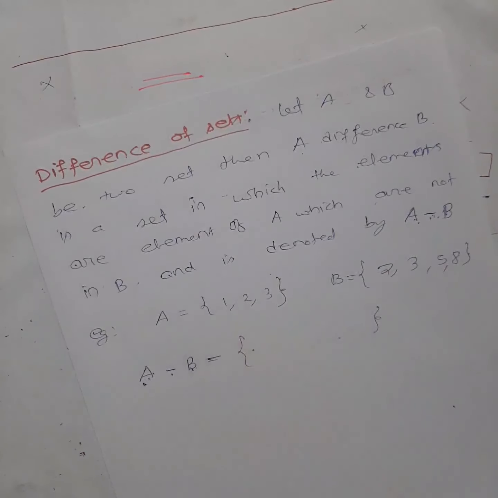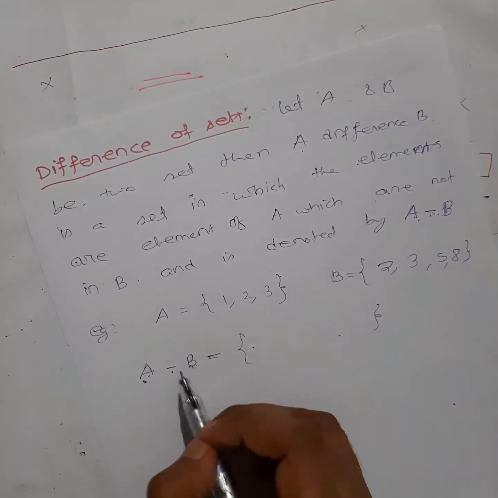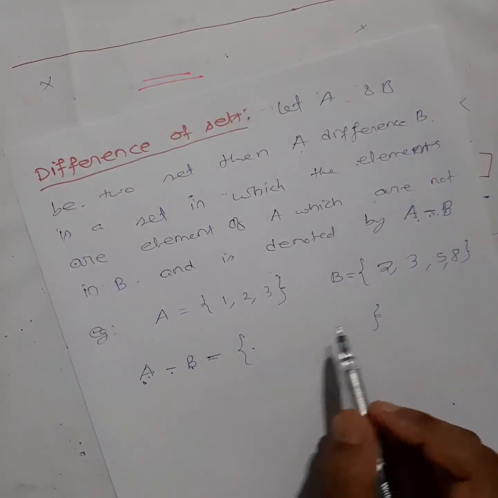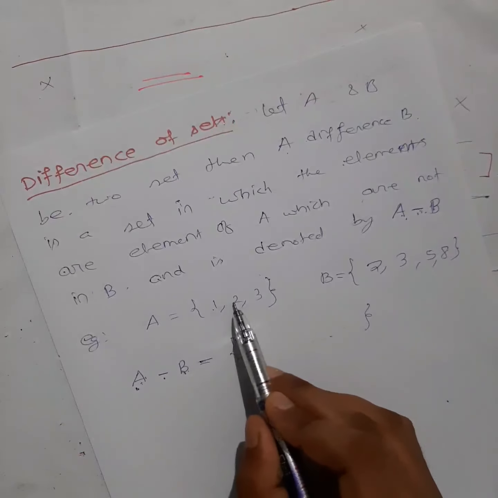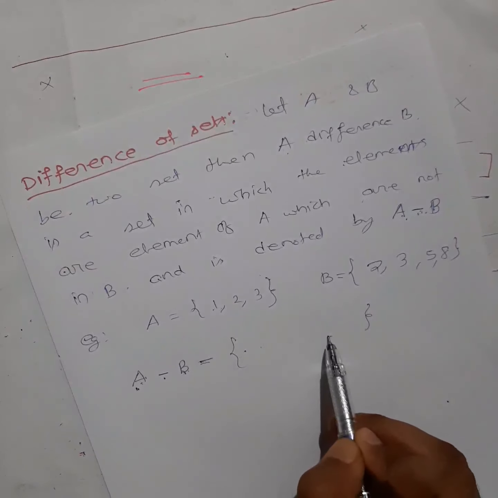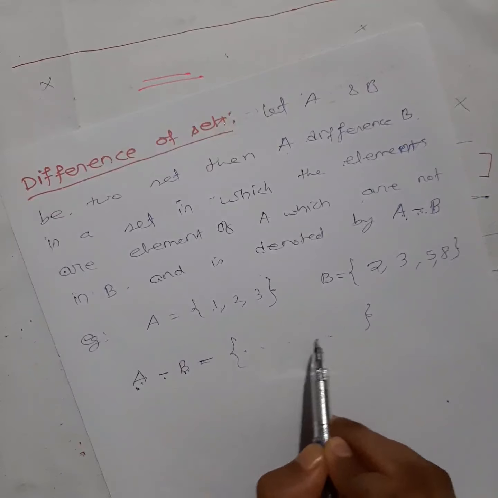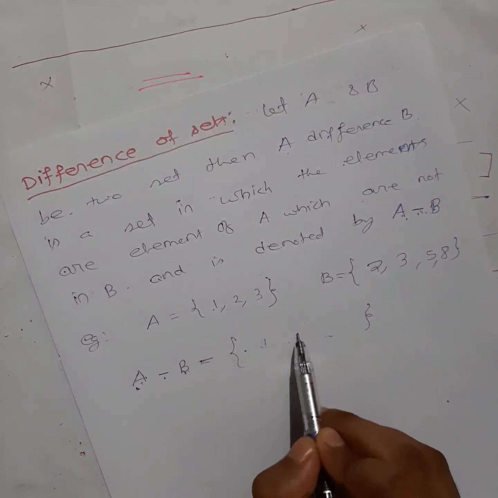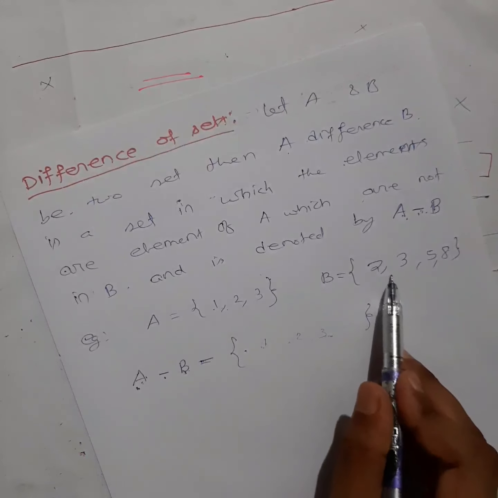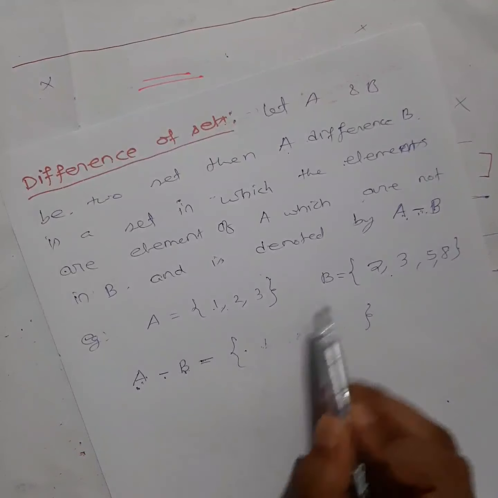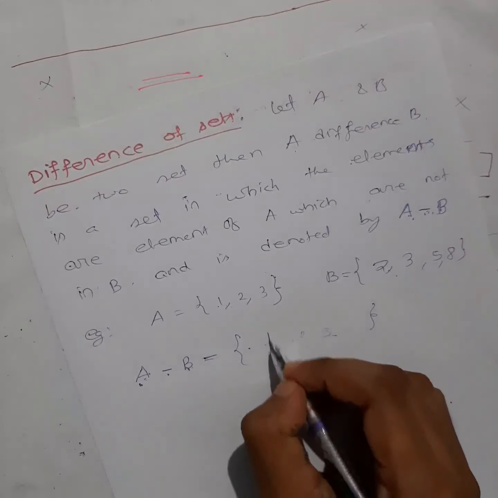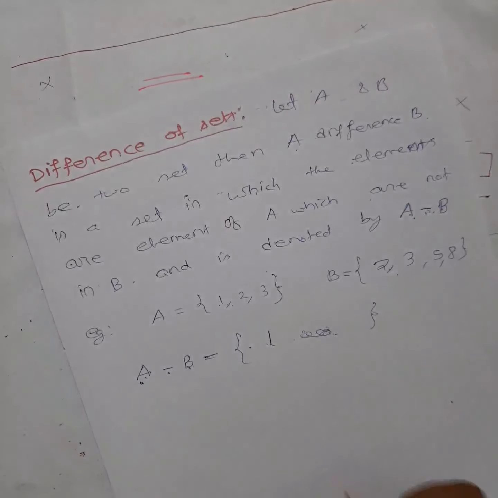So see carefully what does that mean. I said here which element will be there? Element of A. So if it is element of A, it should be 1, 2, 3, right? But it will be those elements which are not in B. So out of this 1, 2, 3, which are not there in B. 1 is not there in B, right? So 1 will be the only element of this one.